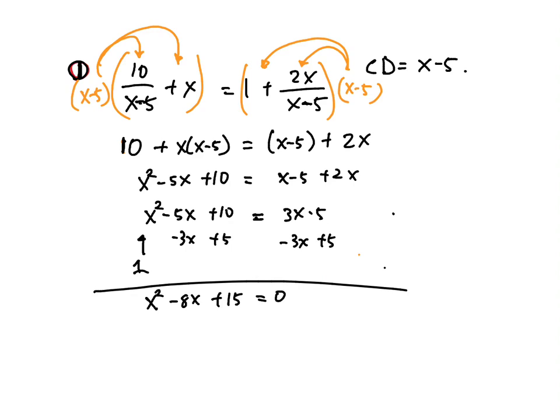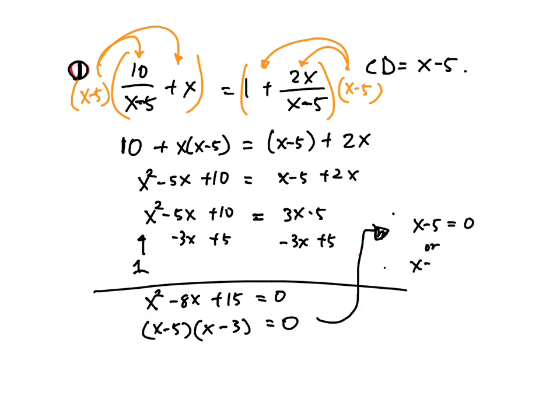I think this one's actually factorable. I think we did this one earlier. This is x minus 5 and x minus 3. Okay, so this is telling me x minus 5 equals 0, or x minus 3 equals 0. So that leads to x equals 5 or x equals 3.